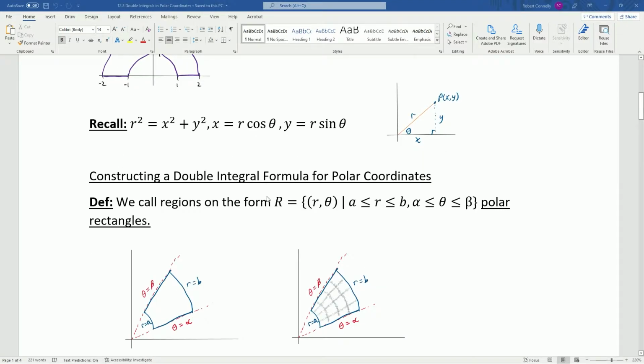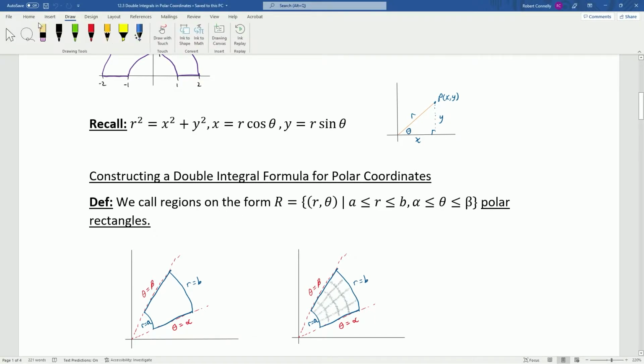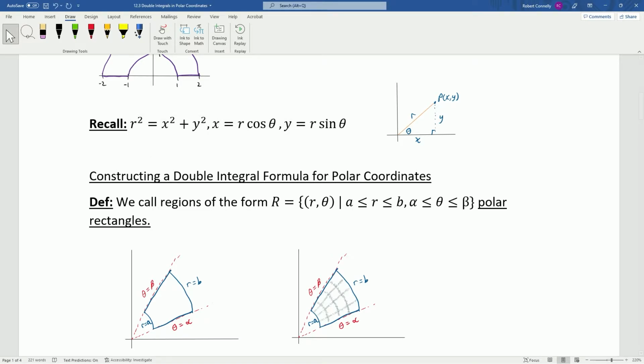So first, a definition: we call regions of the form R equals the set of (r, theta), where r is between a and b and theta is between alpha and beta, polar rectangles.